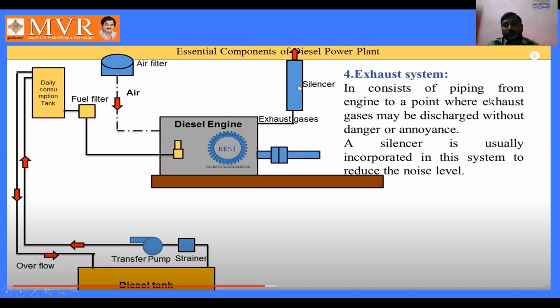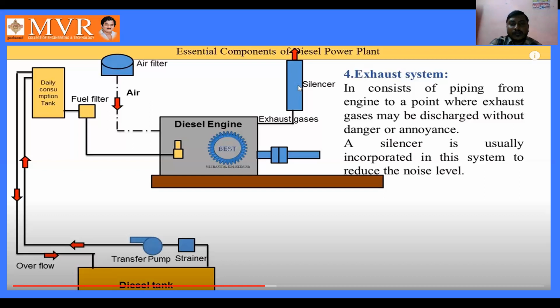It consists of piping from the engine to a point where exhaust gases may be discharged without danger or annoyance. A silencer is usually incorporated in the system to reduce the noise level.